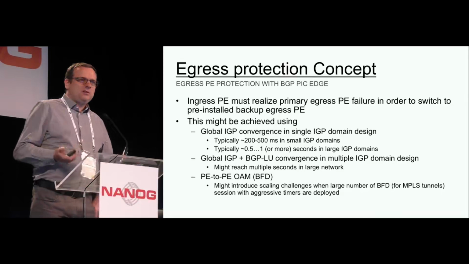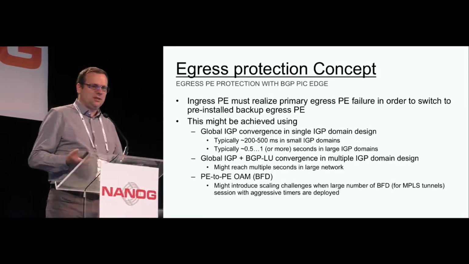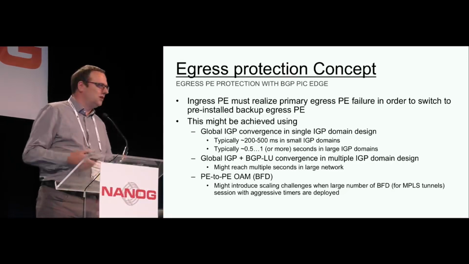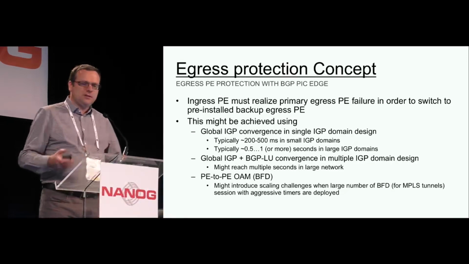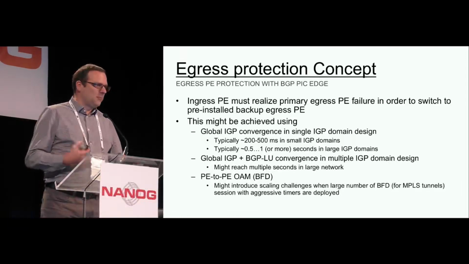What does global IGP convergence mean? It depends on the size of the network. If your network is small, it's a couple of 100 milliseconds, but if your IGP domain is very big, it can go up to 1 or maybe 2 seconds. And this is then reflected in the BGP PIC Edge failover convergence.